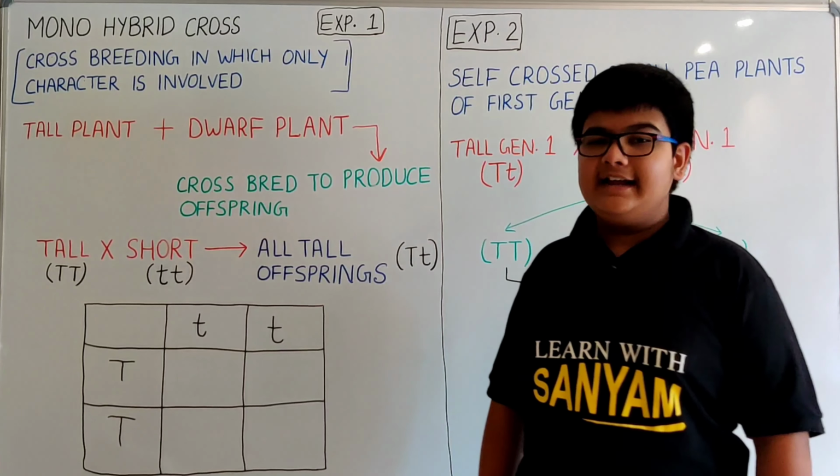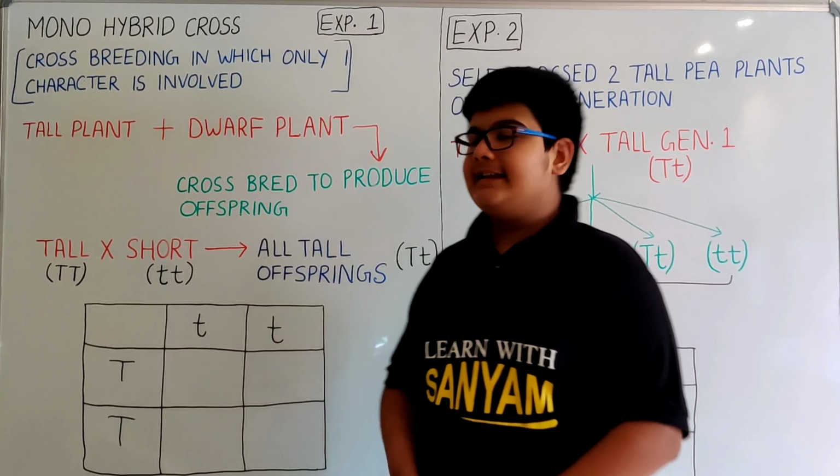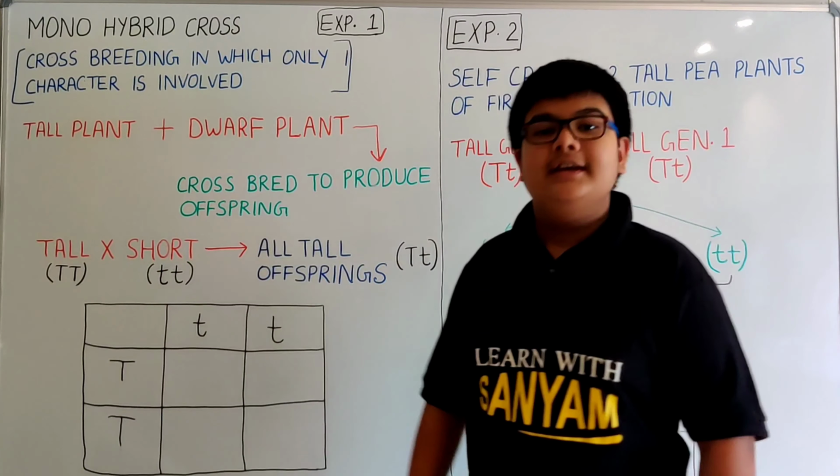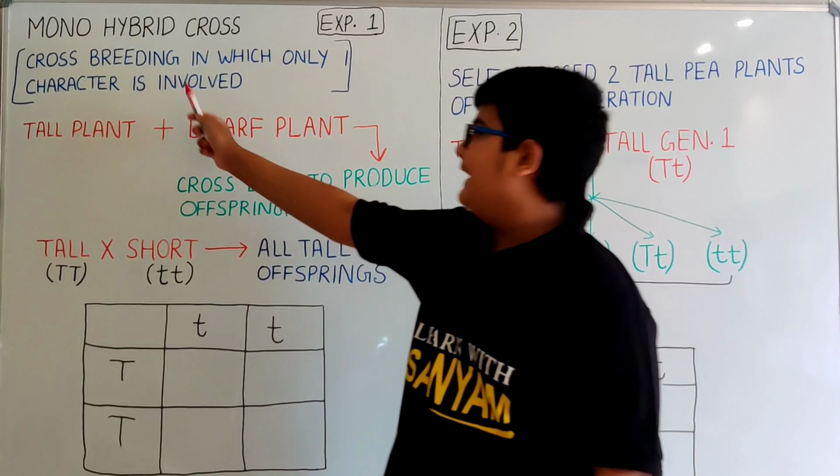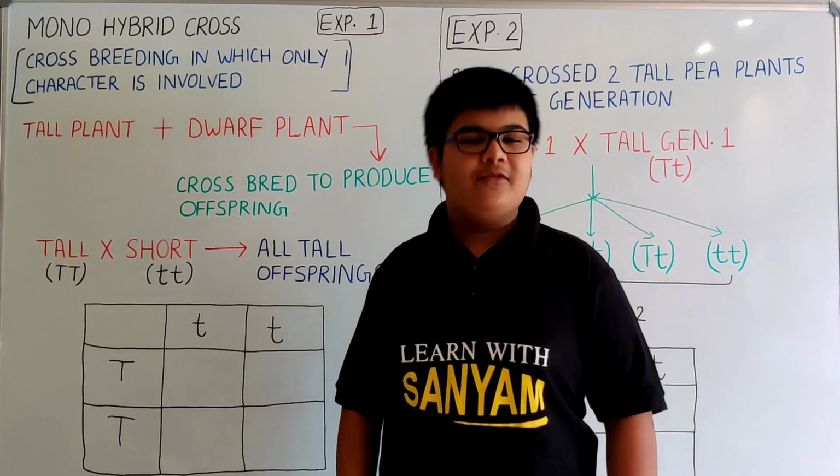Let's understand Mendel's first experiment, that is the monohybrid cross. This means crossbreeding in which only one character is involved.